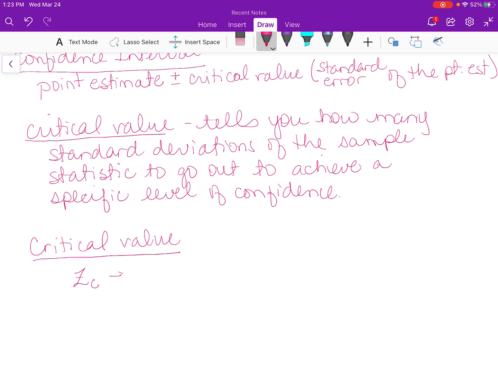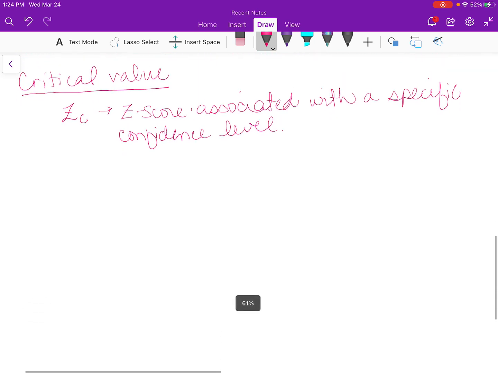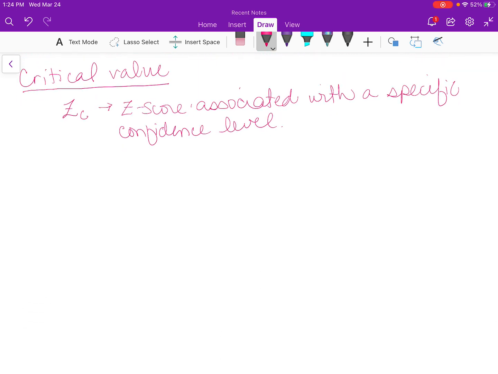So z sub c is going to be the z-score associated with a specific confidence level. I'm going to show you how to do this by hand, but then there are also charts that will give you these specific z-scores that you'll need to use if they're the common ones that are used every time. But let me kind of explain what it is.